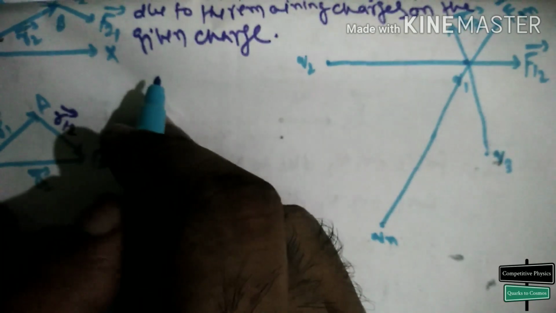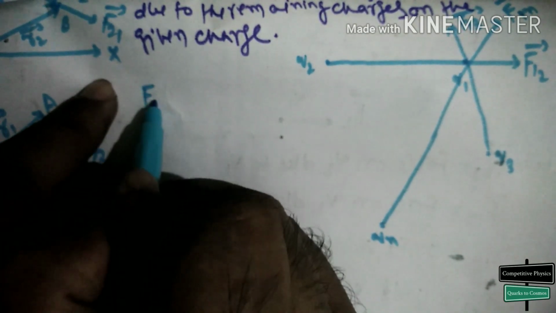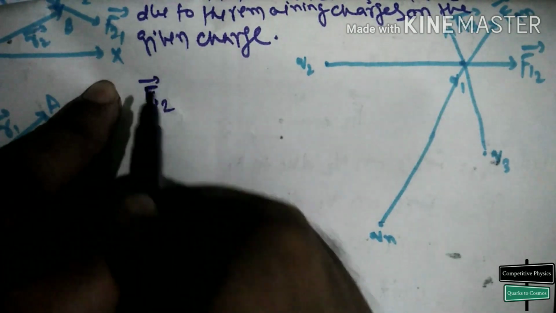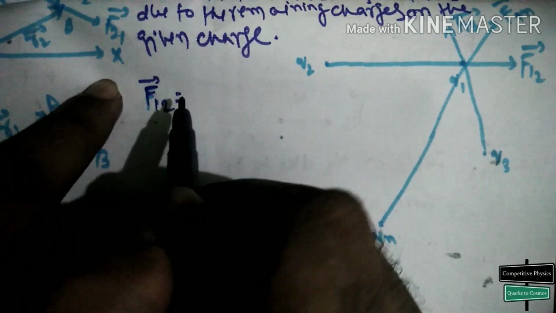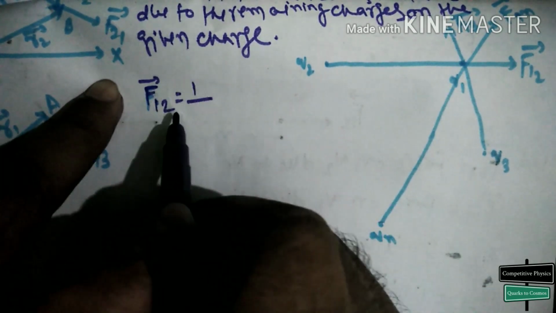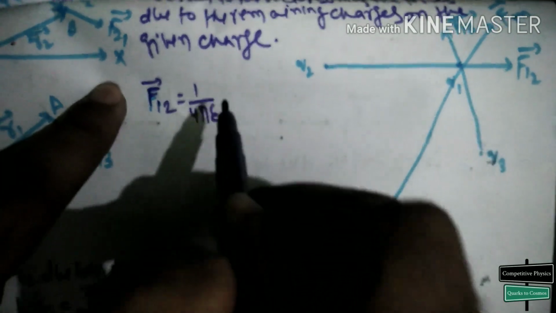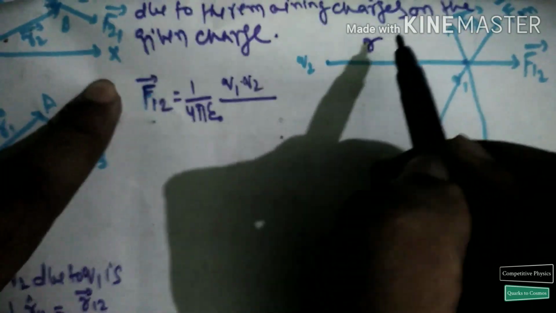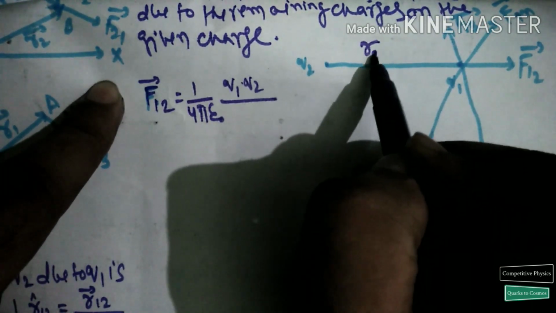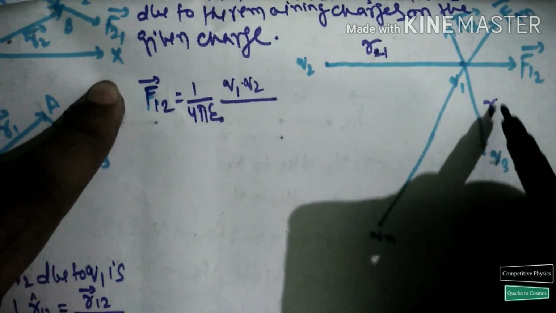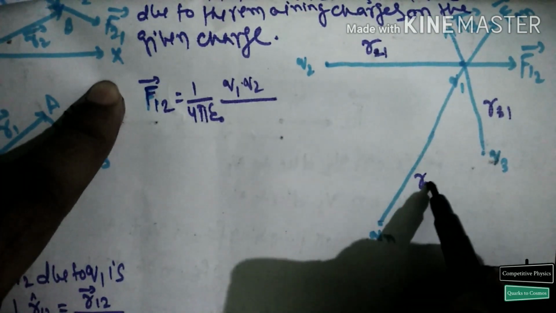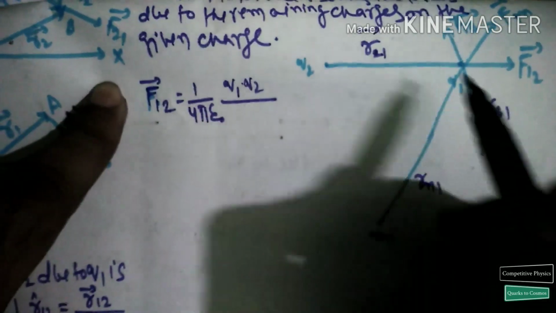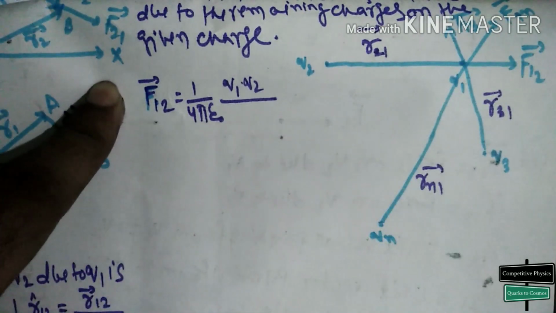So the force on the first charge due to the second charge will be given by 1 upon 4 pi epsilon naught, q1 into q2 upon, and suppose this distance is r21, this distance is r31, and similarly this distance will be rn1.